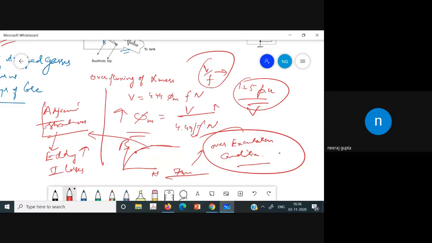However, if the frequency falls below 80%, that is 40 to 50 hertz, at the rated voltage, the overexcitation can be detected by this relay, which is also known as the volts per hertz relay.